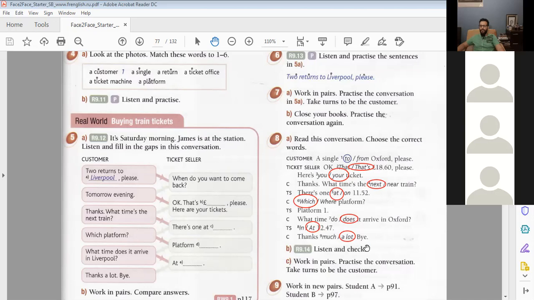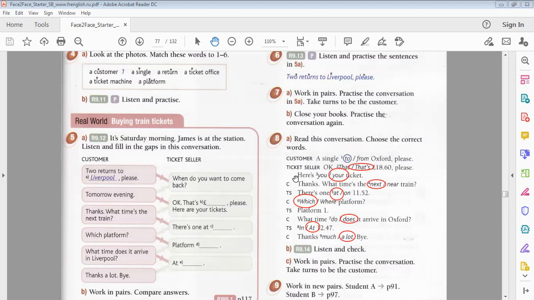Bye. Okay. Now Basma and Media. Basma, you can be the customer. Media, you can be the ticket seller. Okay. A single to Oxford, please. Yes, Media. It's 18.60, please. Here's your ticket.